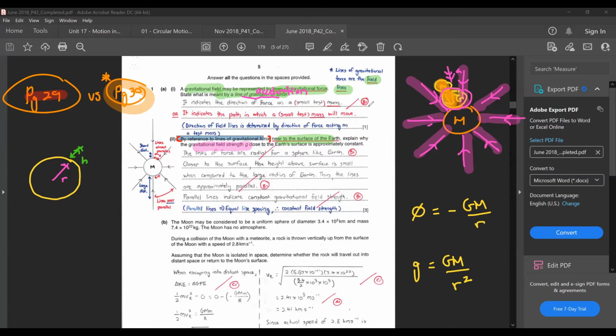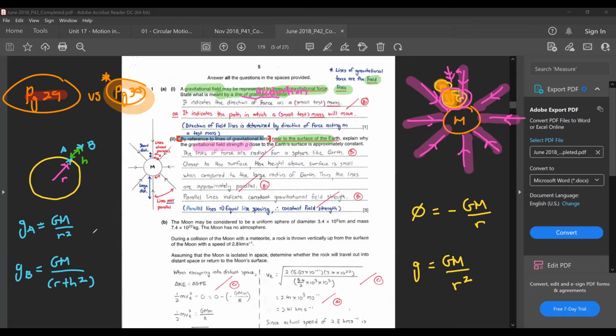If I'm interested in 2 different points, point A and point B, I can say that gravitational field strength at A is going to be GM over R squared, whereas gravitational field strength at B will be GM over (R plus H) squared.